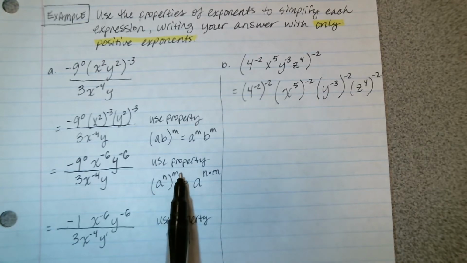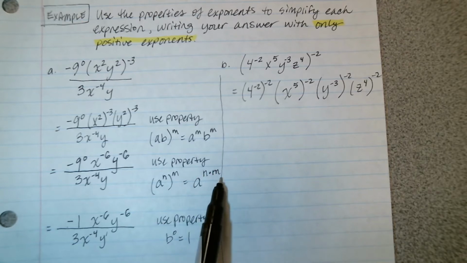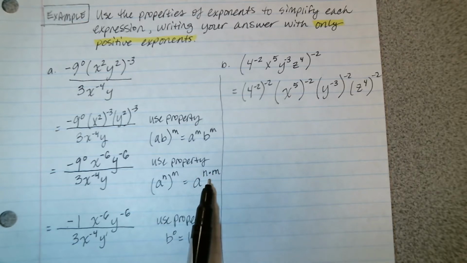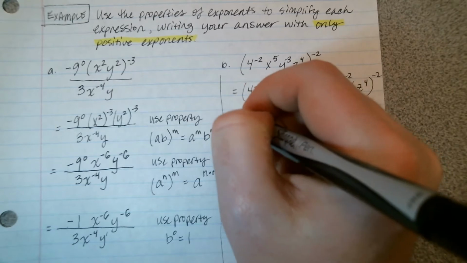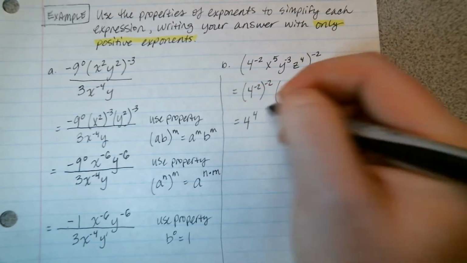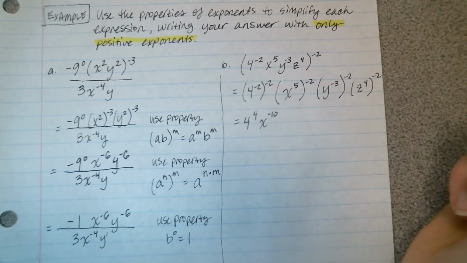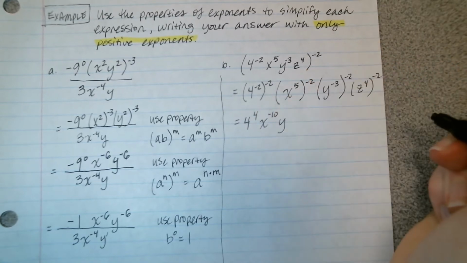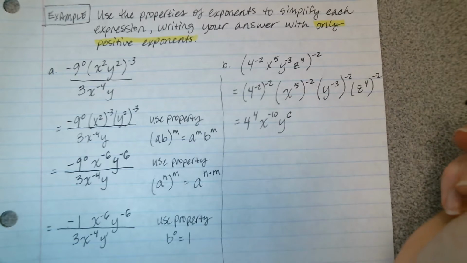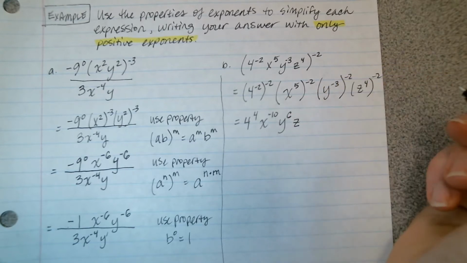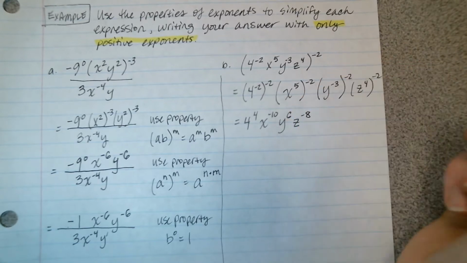Base to a power to another power, I can combine the exponents using multiplication. So this is 4 to the power 4, x to the power -10, y to the power 6, and z to the power -8.